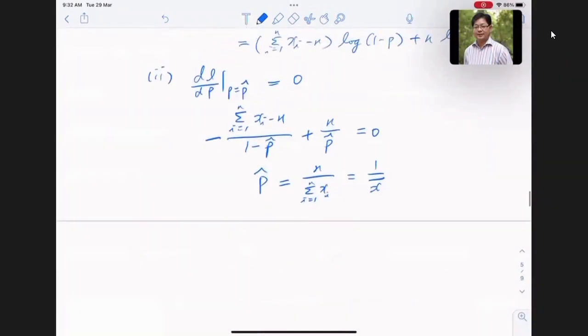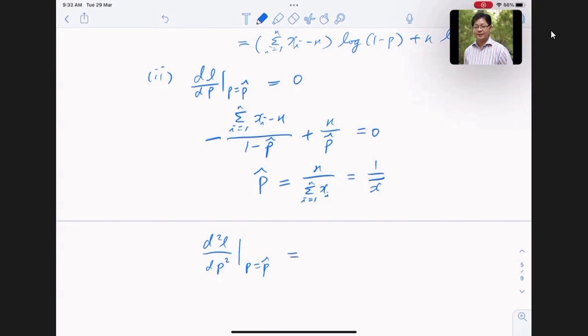So we need to differentiate the log likelihood function twice. We differentiate the first derivative one more time and set p equal to the p hat we determined before, to see whether it is negative. If the second derivative is negative, that means this will be the maximum point.